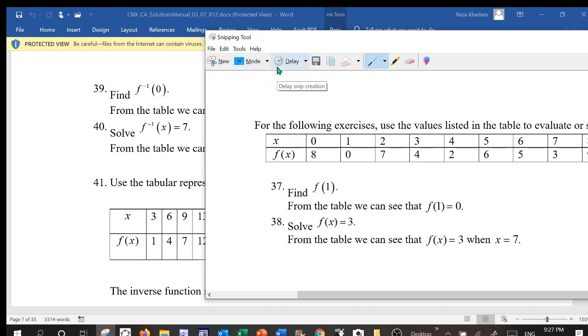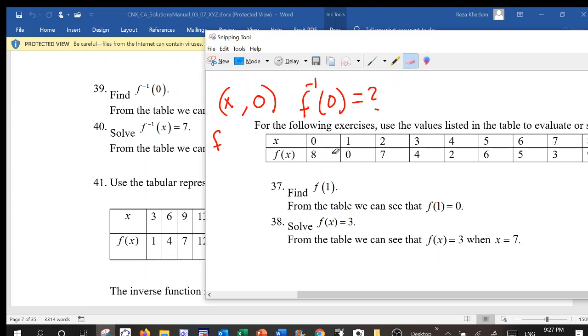So 39 says, what's f inverse of 0? Now, what do we mean by f inverse of 0? That means if the output under f is 0, what's the input? So what is that number? So x goes to 0, so where does 0 go?